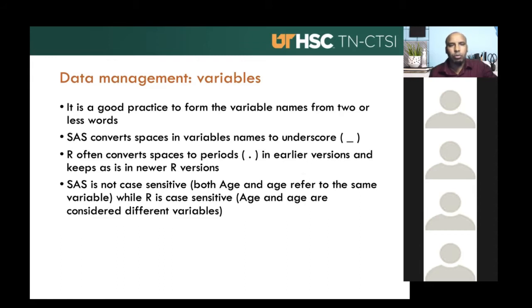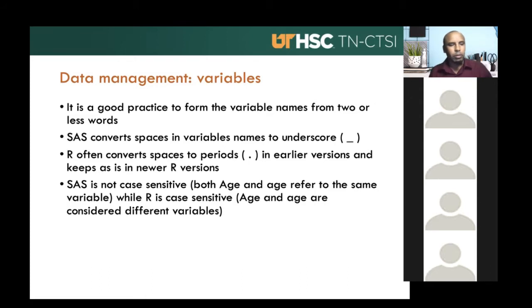But it's always a good practice to name variables with short words. SAS converts spaces in variable names to underscores. R often converted spaces to periods in earlier versions, but newer R versions keep spaces.